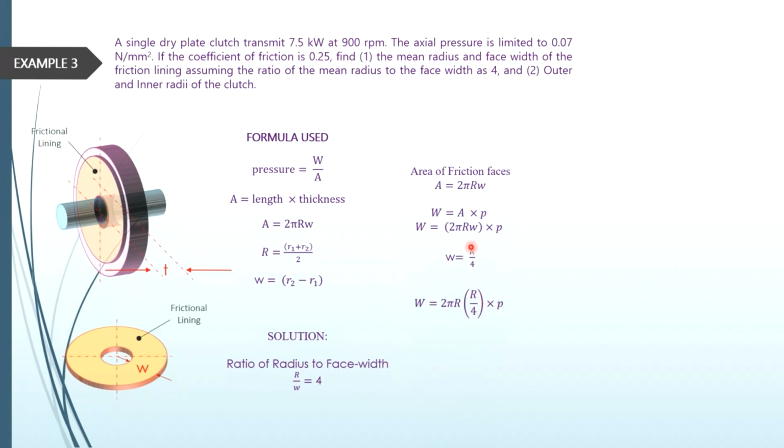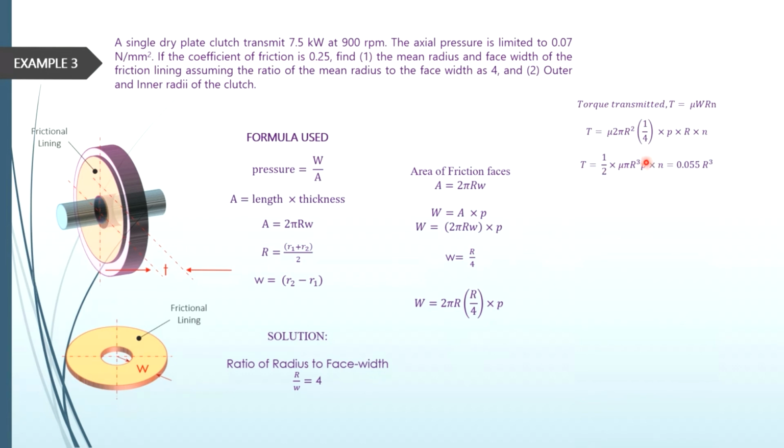If you substitute this equation into the original formula, we have the spring force given by this, where R refers to the mean radius. Basically, this is the general formula for the torque. Once we substitute the W into here, you get the torque equation.